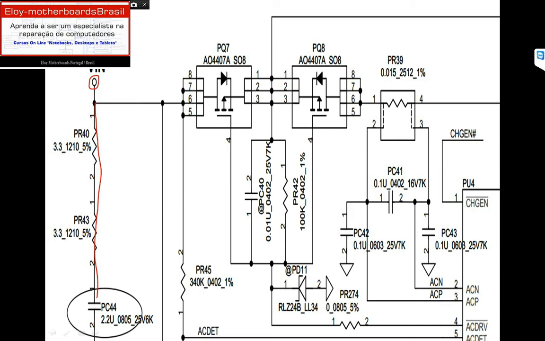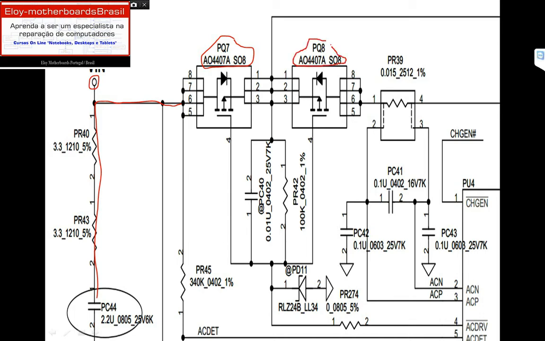This is a filter, which will filter the current. So this VIN voltage will be present on this PQ. It's P because it's on a VIN line, the 18 volts line, PQ7 and PQ8 right here.